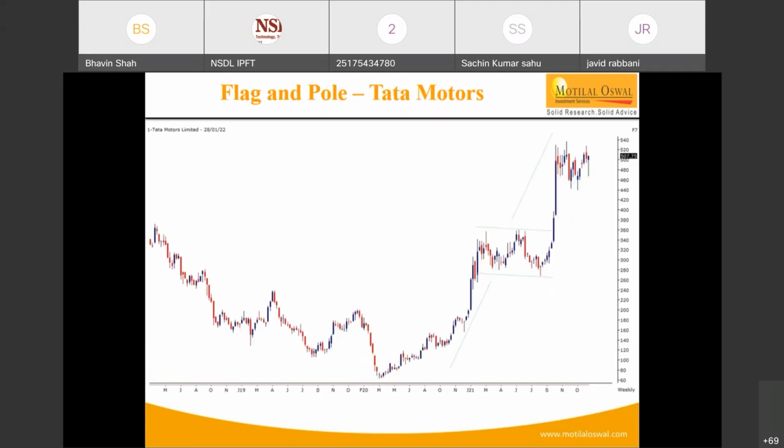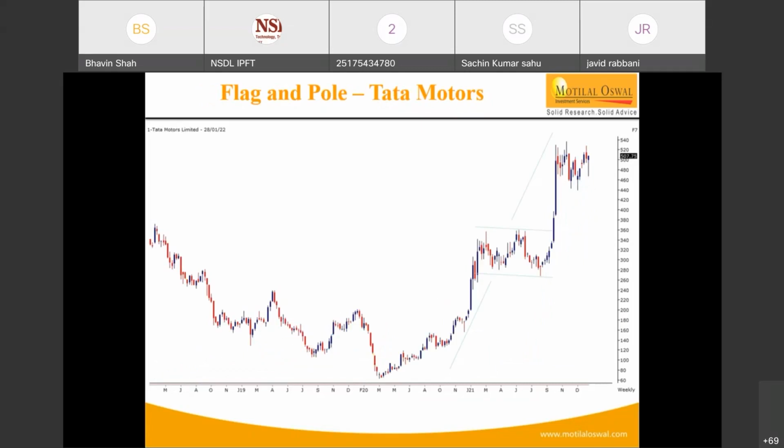Where again we have a chart of Tata Motors, where this stock also had a similar pattern as seen in Praj. We have a sharp move from 100 odd levels to 300 levels.